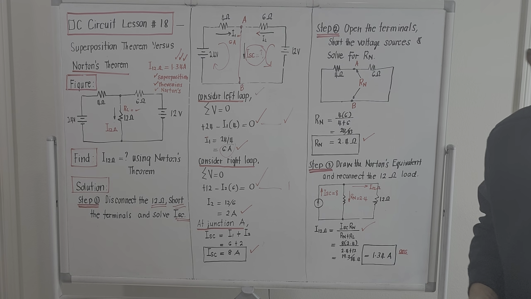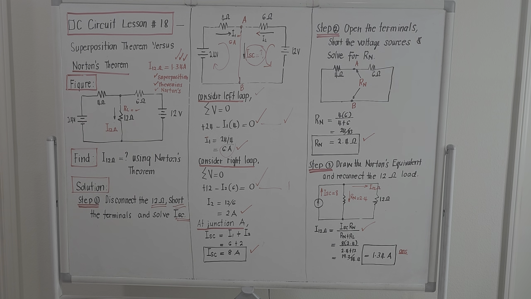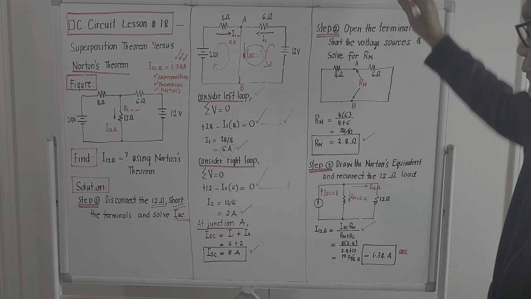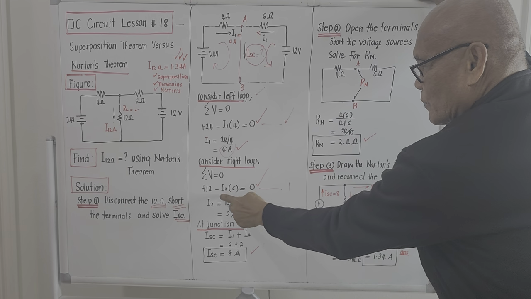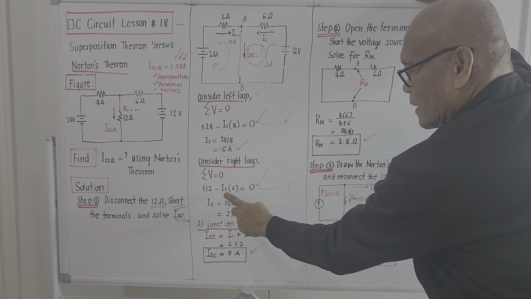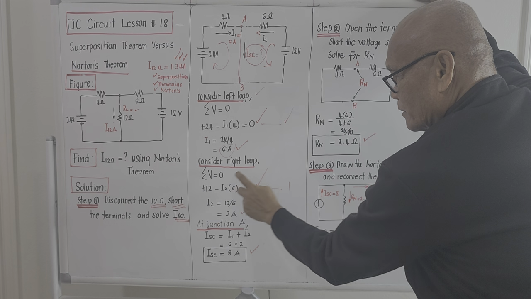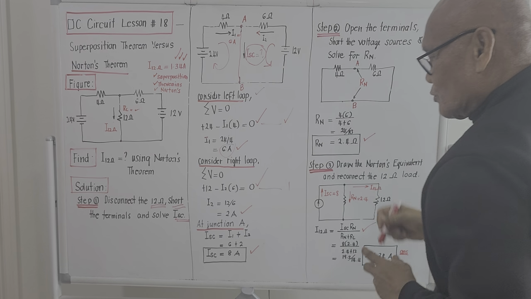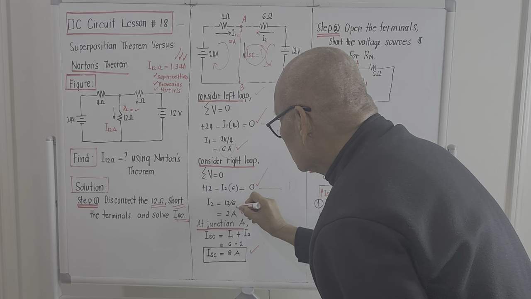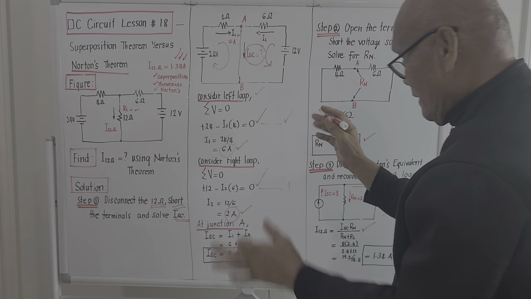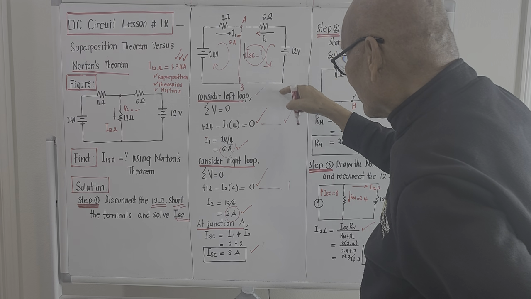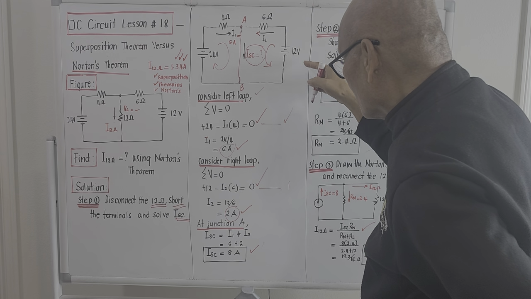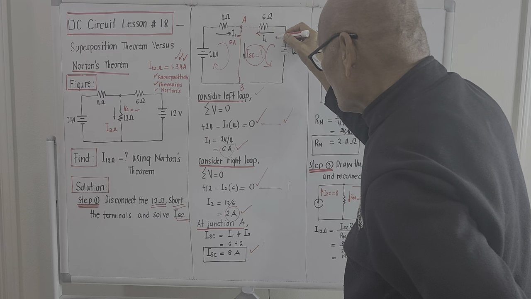Using algebraic manipulation, we transpose this to the right, so it becomes plus, and I sub 2 will be 12 divided by 6, which is 2 amperes. So when terminals A and B are shorted, the current coming from the 12 volt source, whether we like it or not, should be 2 amperes.